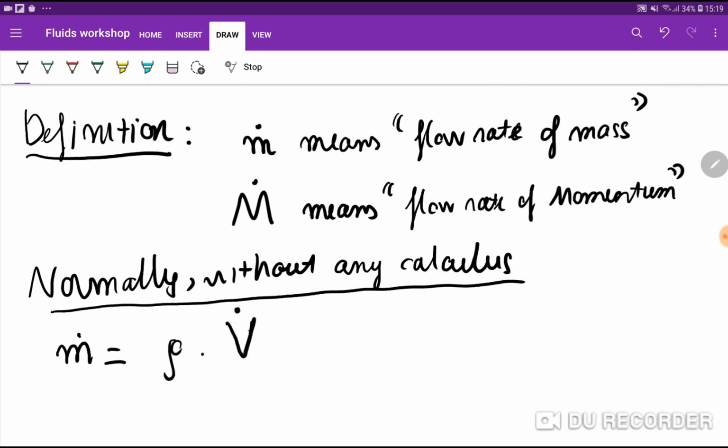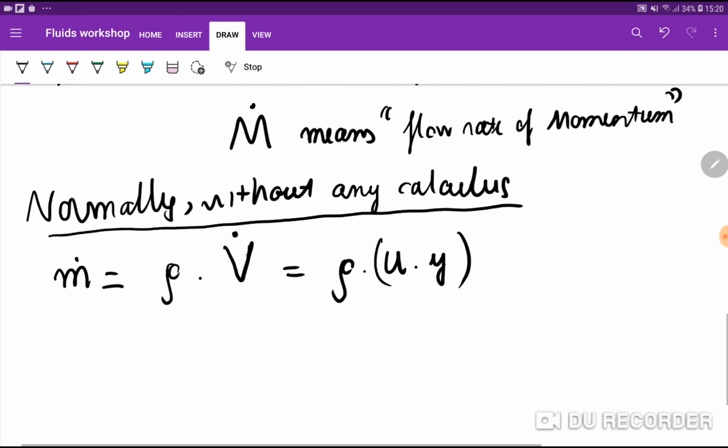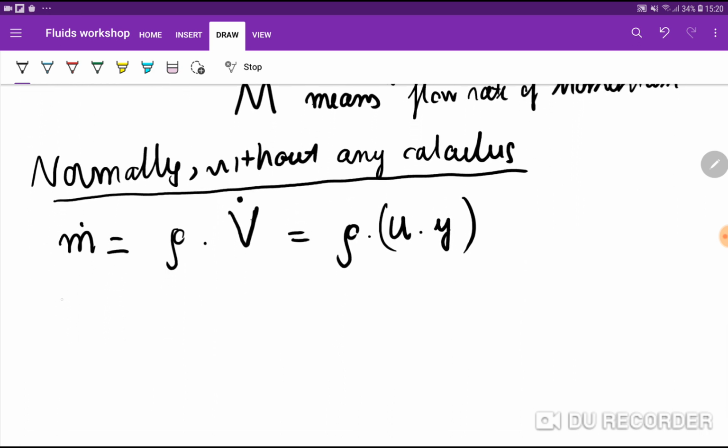So it will be rho times U times Y, because the volumetric flow rate is equal to the velocity times distance. Similarly, for momentum, you have it equal to m times v, with v as a vector.